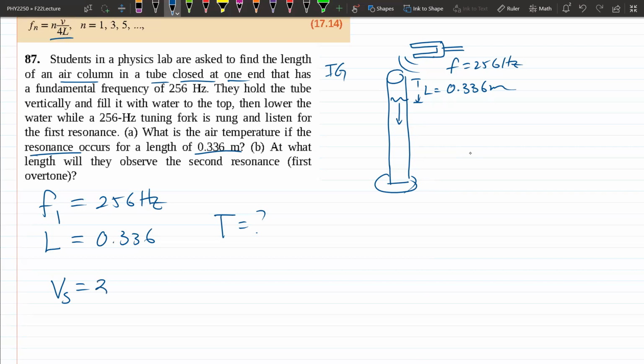But the one I usually remember is that I know the speed of sound in air at 0 degrees Celsius, and I just have to multiply that by the temperature in Kelvin divided by the temperature of 0 degrees Celsius in Kelvin, with a square root, and that allows me to convert to any speed at any temperature we want.